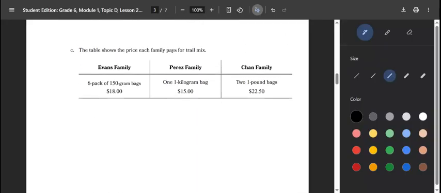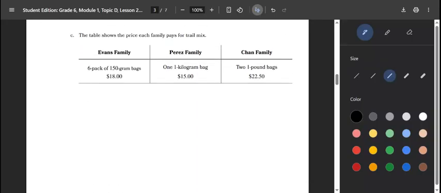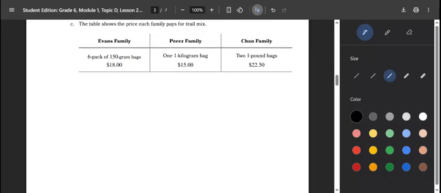Now table C shows how much each family pays for trail mix. So if we want to get the better deal here, we want to know the price per gram. So we're going to do price over number of grams.